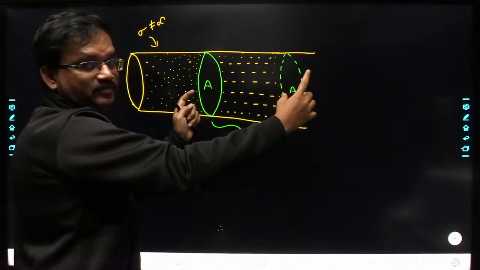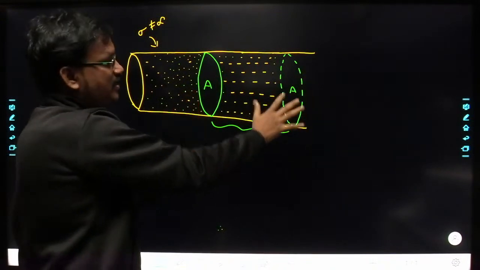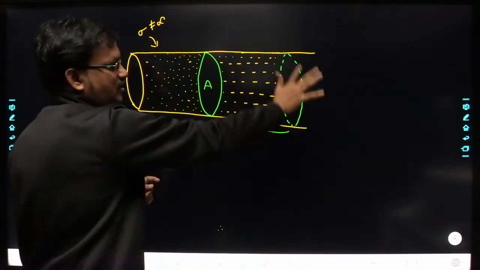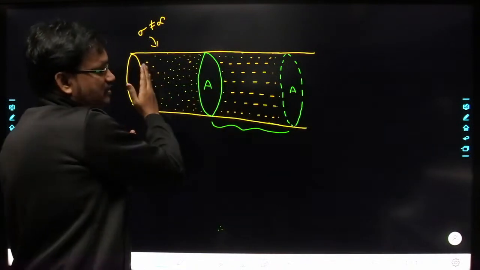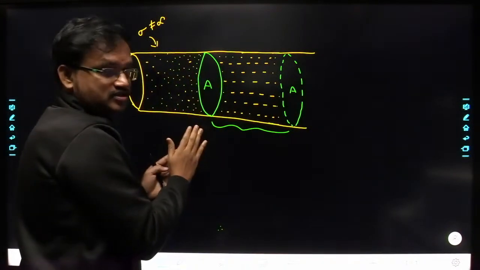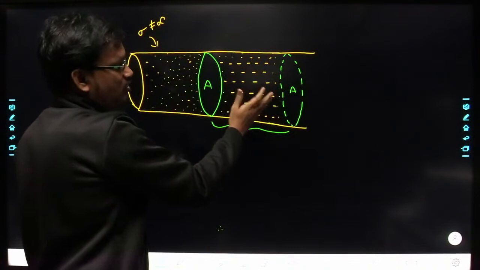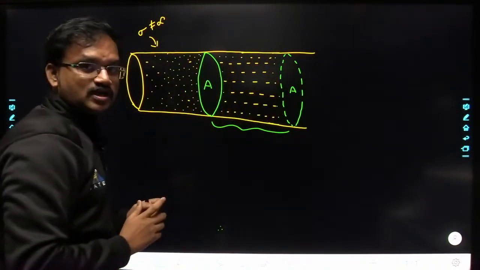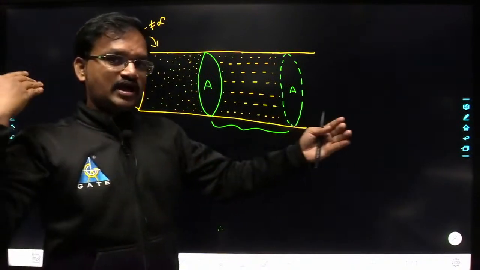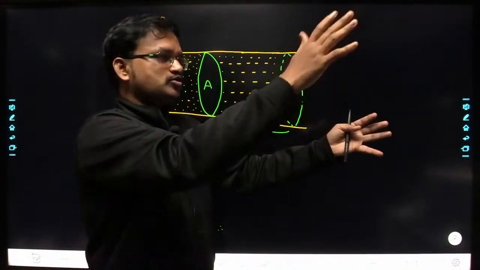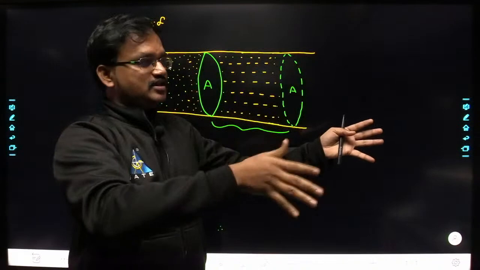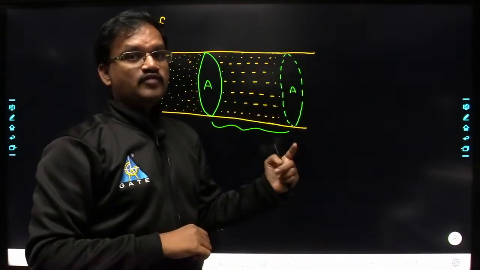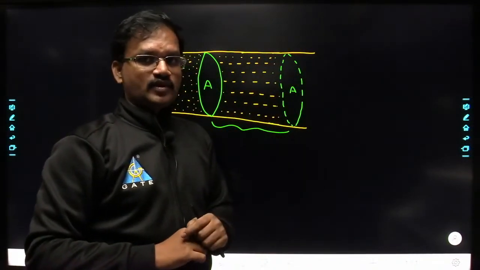After some time t, I have taken a snapshot, then I am seeing this picture. So whatever charge carriers have crossed this cross section are now present in this region, or in this volume. Yes or no? After some time t. Yes or no here?